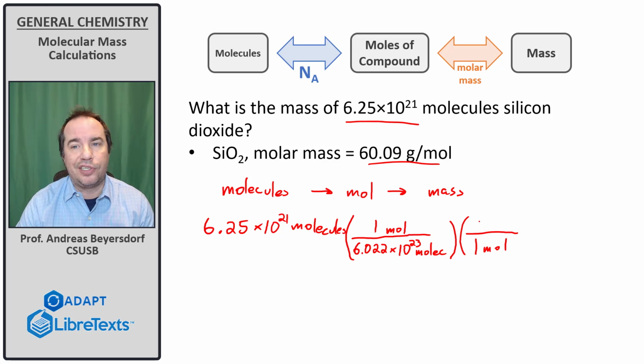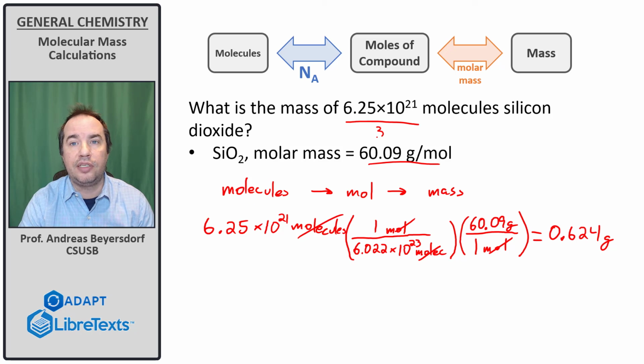And so for silicon dioxide, it's always going to be 60.09. So if we do that calculation once, we don't have to do it a bunch of times. And so this is going to get me the grams of my answer. And that's going to be 0.624 grams of my silicon dioxide. I start off with 3 significant figures, so my answer has 3 significant figures.